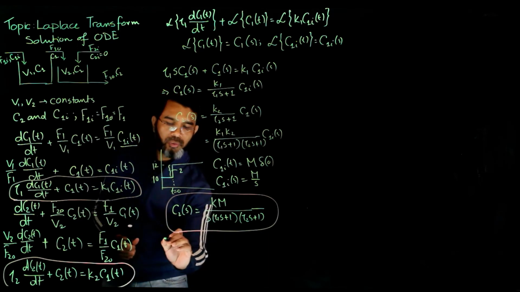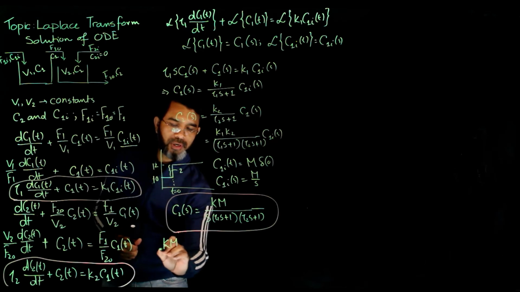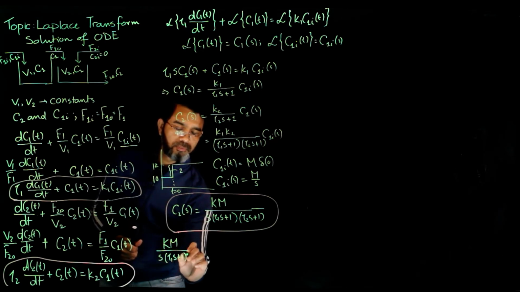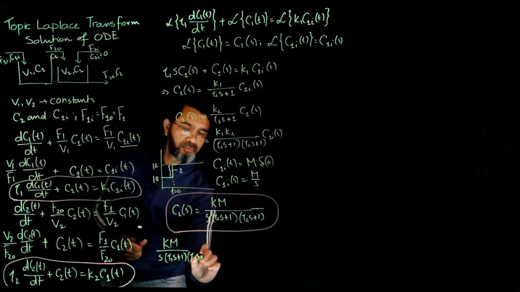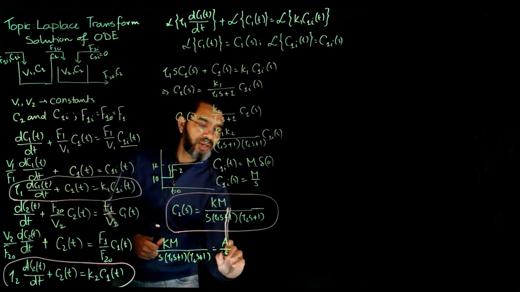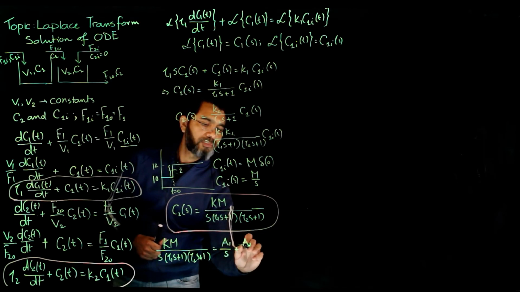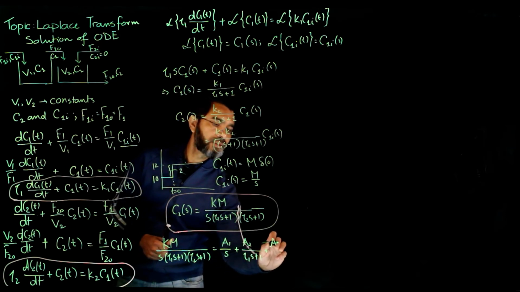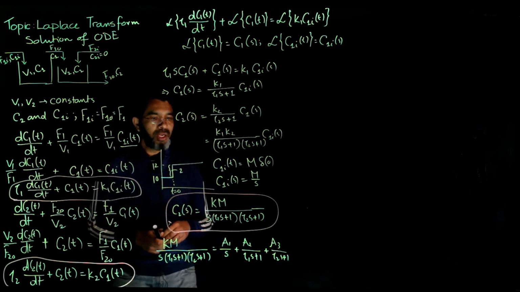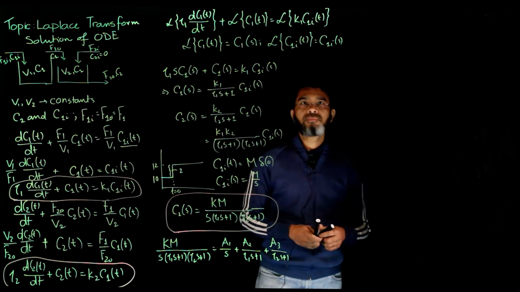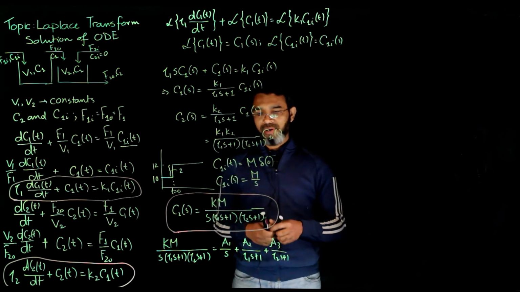For doing that, we'll write Km over s as some constant A1 over s, plus some constant A2 over (tau 1 s plus 1), plus some constant A3 over (tau 2 s plus 1). Now how to find the value of these constants? That's the approach called partial fraction expansion.